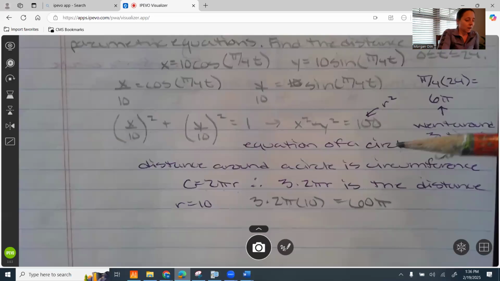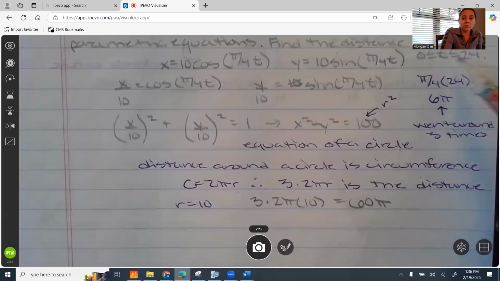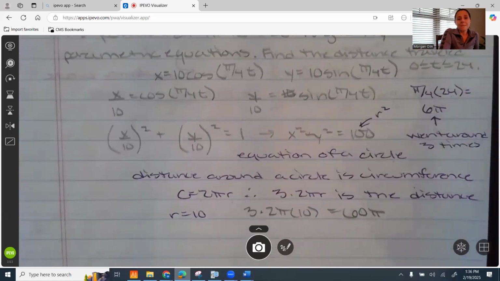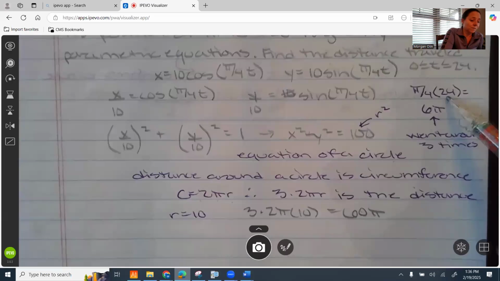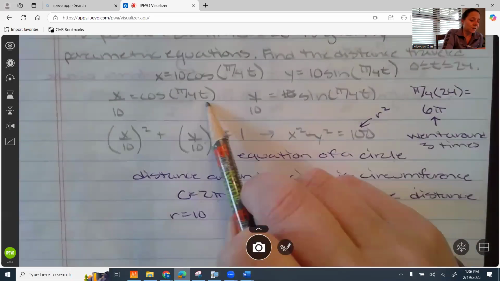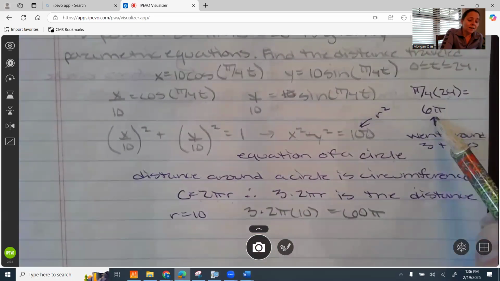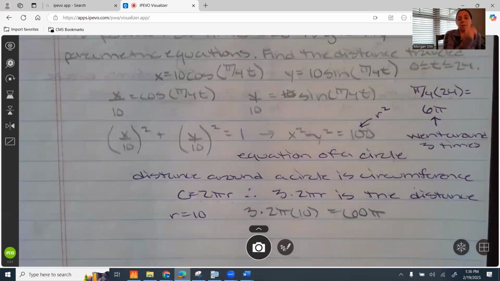Now, look at what I've done here. I'm going from 0 to 24, till t equals 24. So right here in each of these equations is pi over 4t. So pi over 4 times 24 is 6 pi. Well, think about it. How much is around one circle? Think unit circle. That's 2 pi.